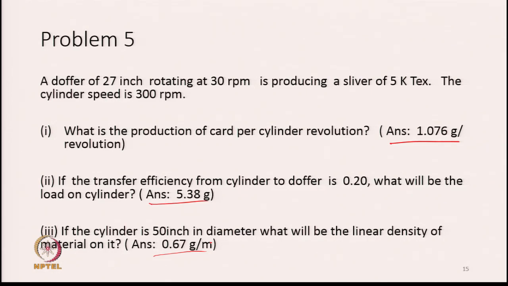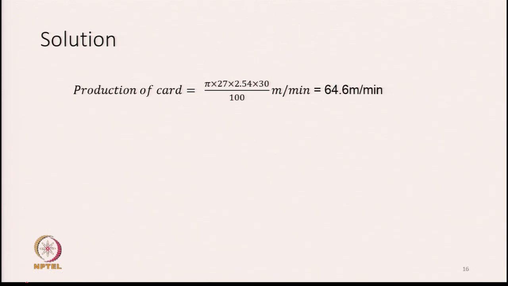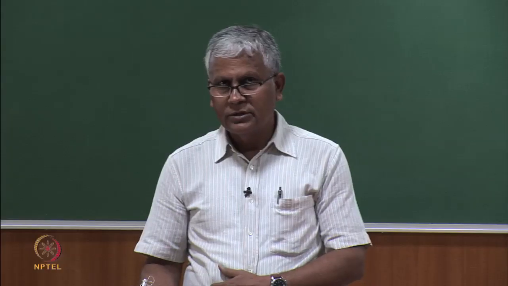What is the production of card per cylinder revolution? How to go about it? First, we have to find out from the given data what is the production rate of the card. From the given data we can find out how much sliver is being produced by the carding machine per minute, based on the rotational speed of the doffer.